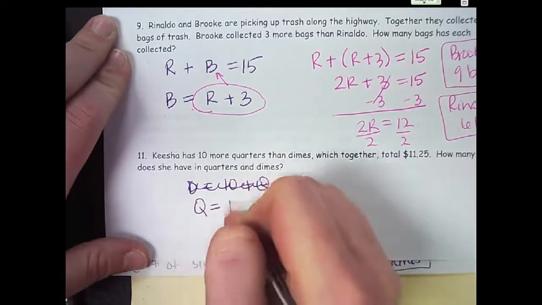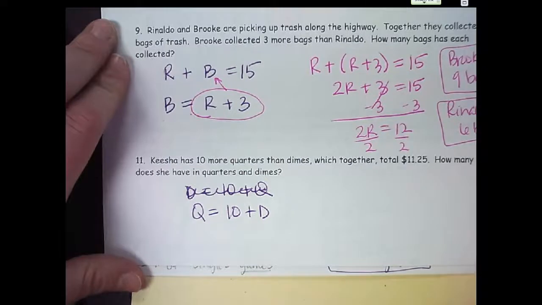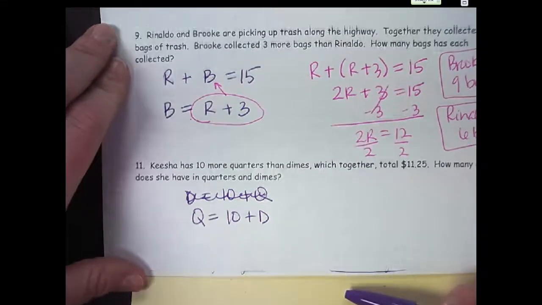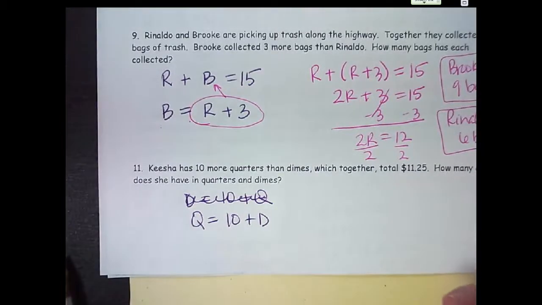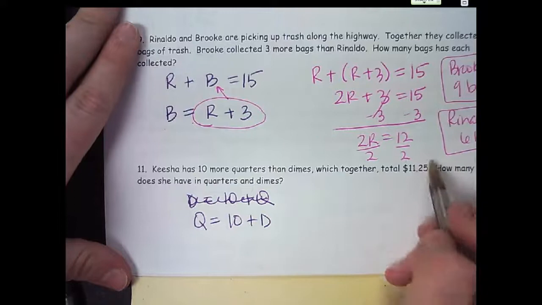Quarters equals 10 plus dimes. My bad. That's right. So you're right. Quarters is 10 more than dimes. Okay. And then they total 11.25.